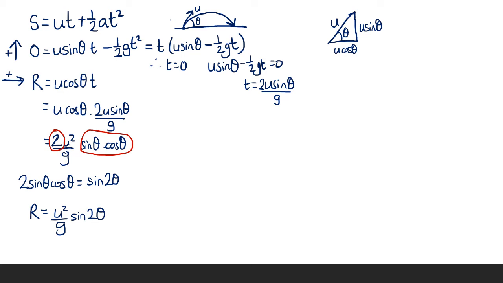So now we're going to differentiate this. So we'll say dr by d theta. So u and g are constants, so nothing happens with those. So we're just differentiating sine 2 theta, and we have to use the chain rule there. So sine differentiates to cosine.